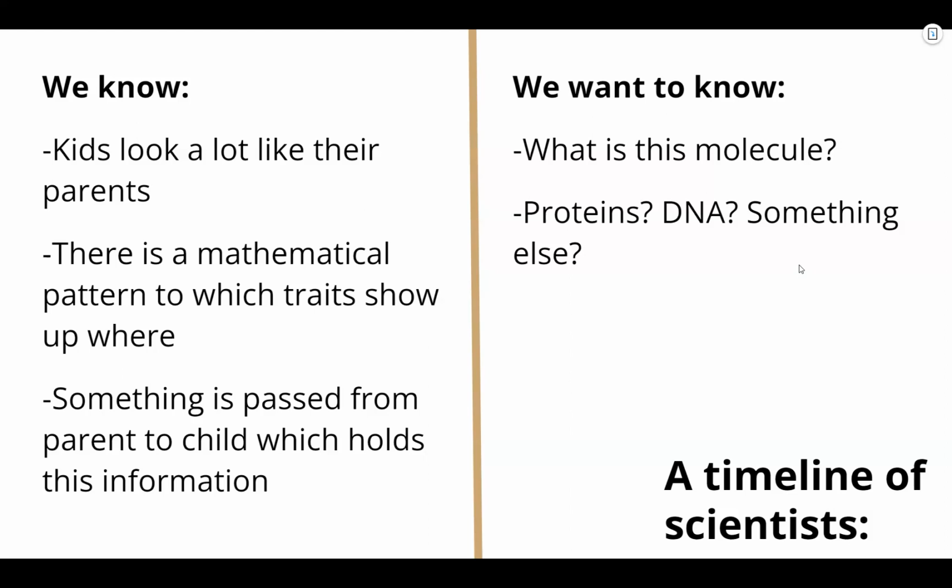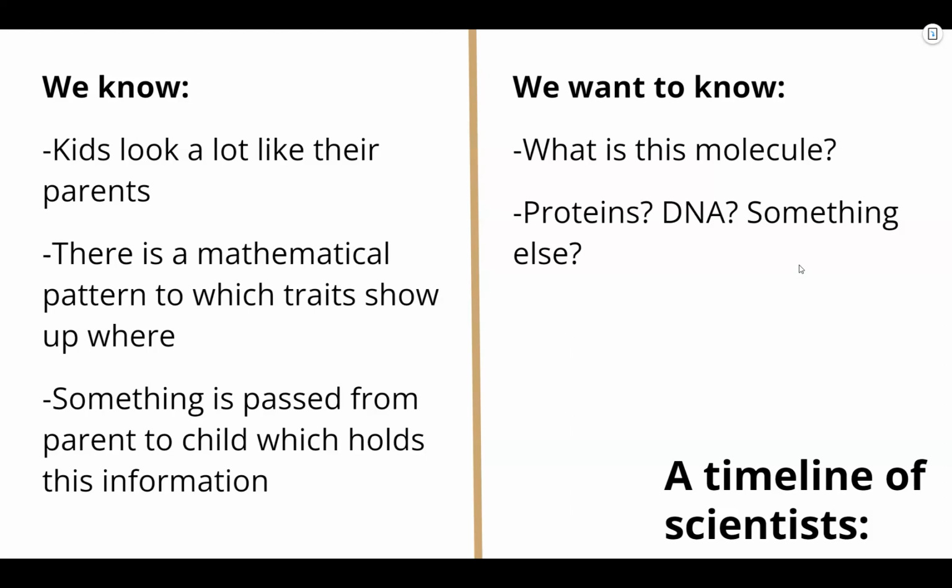And we know that there has to be a physical something. Something is passed from parent to child that holds this information. That's what we know in 1928. What we want to know is what this molecule is.